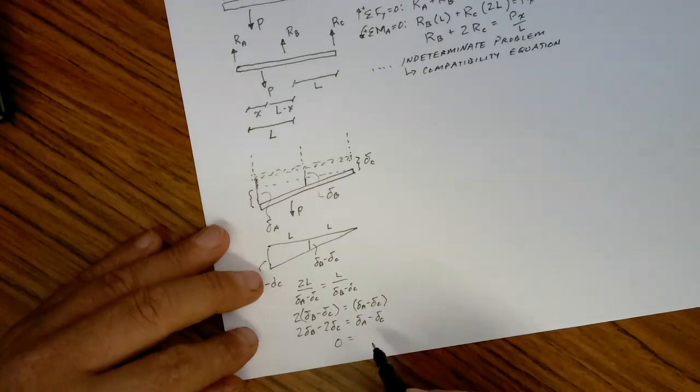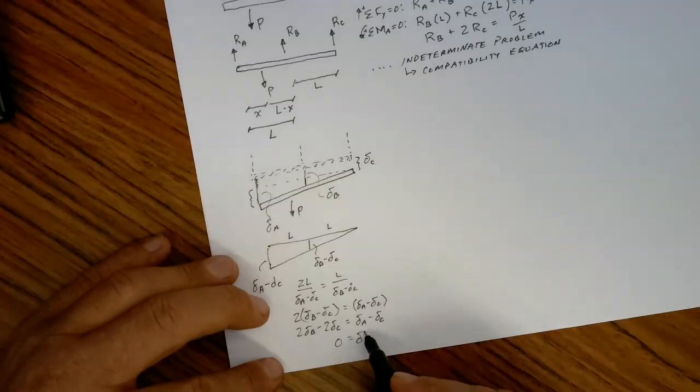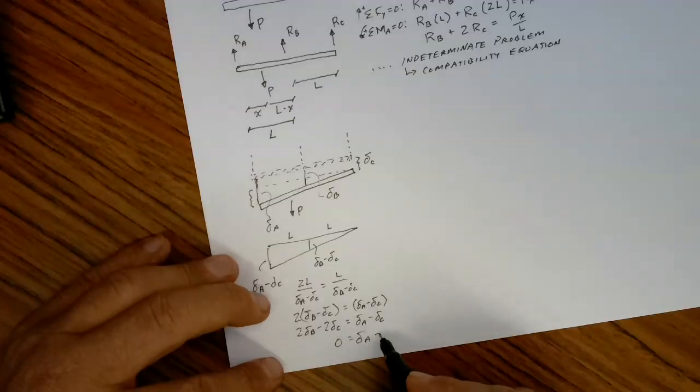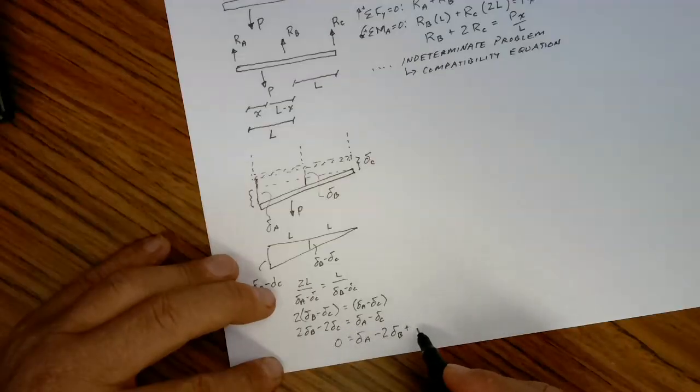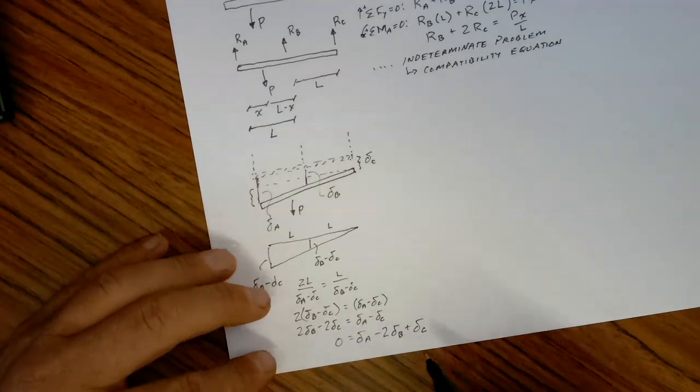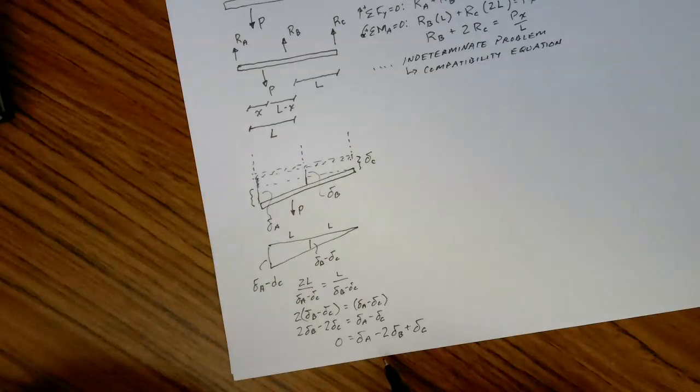Make this side 0, so I can associate delta A. Let me bring the 2 delta B over, minus 2 delta B, and let me bring the delta C over, minus delta C already, and I'm going to add 2, so I'm going to have plus delta C. And that's our relationship between the three deformations.